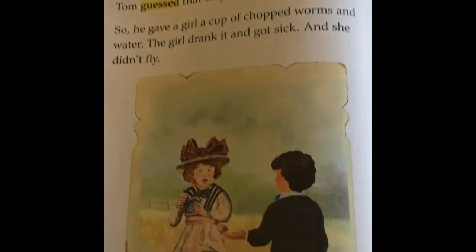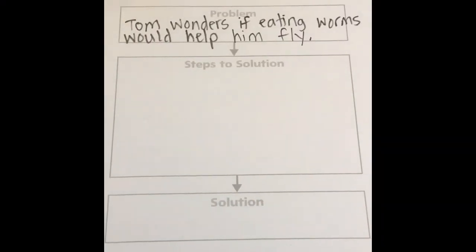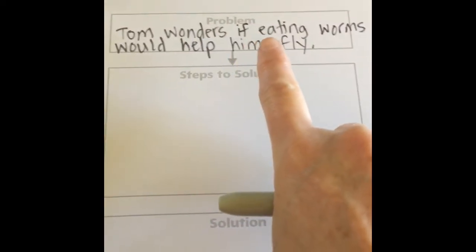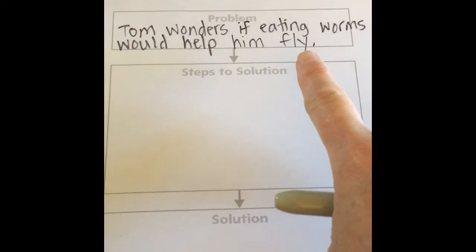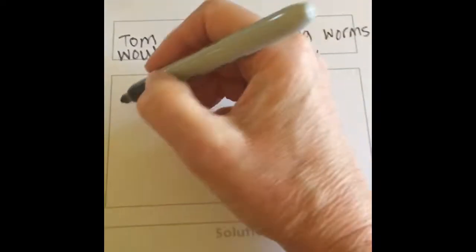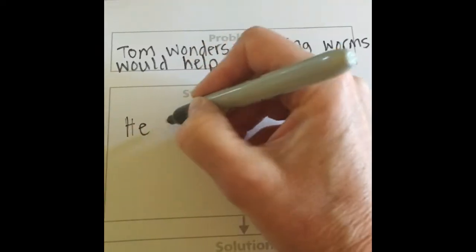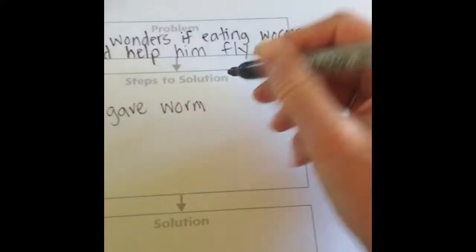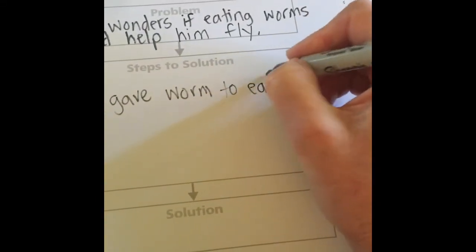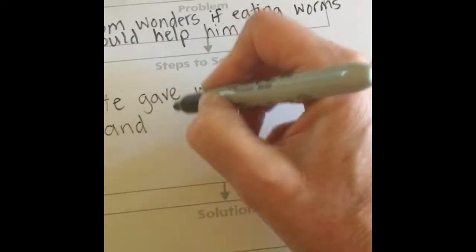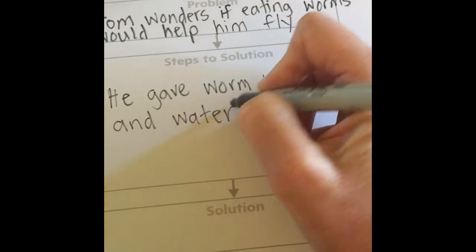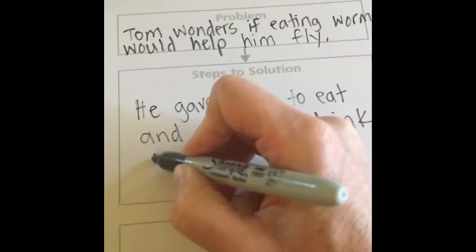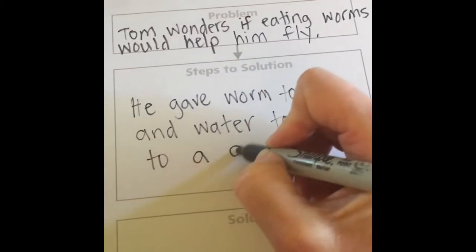Okay, let's look at our paper now. Here's our chart. The problem was Tom wonders if eating worms would help him fly. So what did he do? He gave worms to drink to a girl.